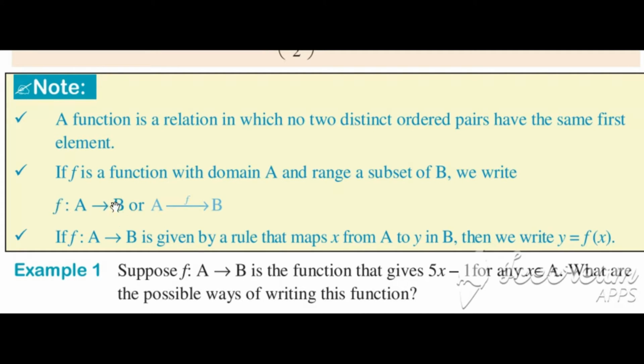Sometimes B can be the range of f, but the range of f is always a subset of the codomain B. B is known as the codomain. If f from A to B is given by a rule that maps x from A to y in B, then we write y is equal to f of x.